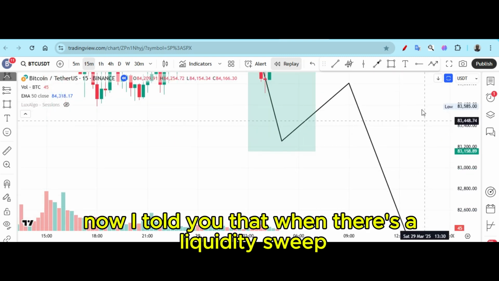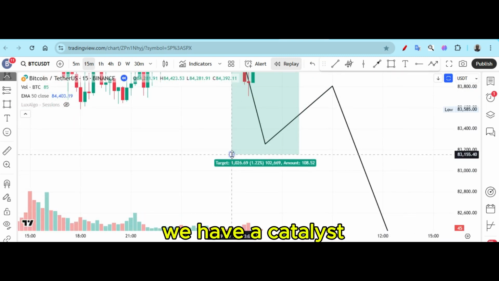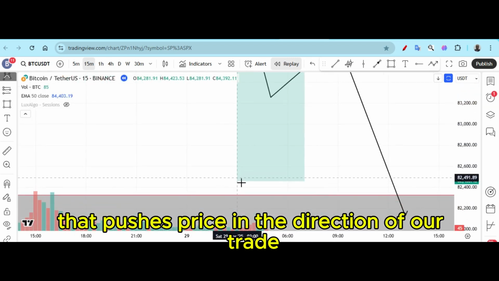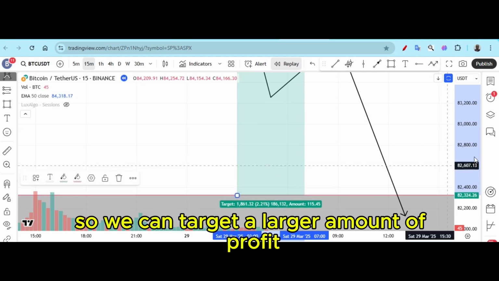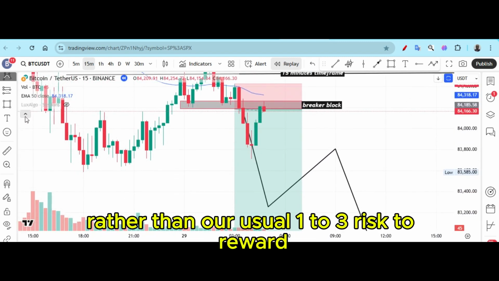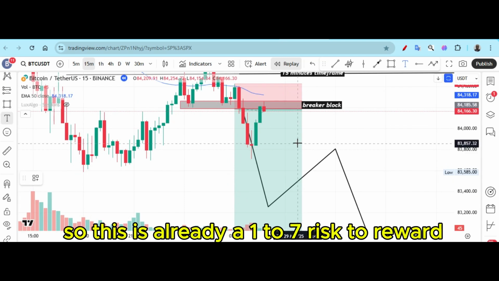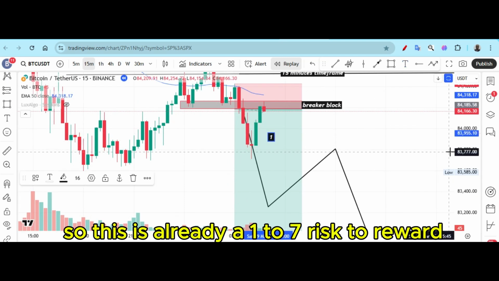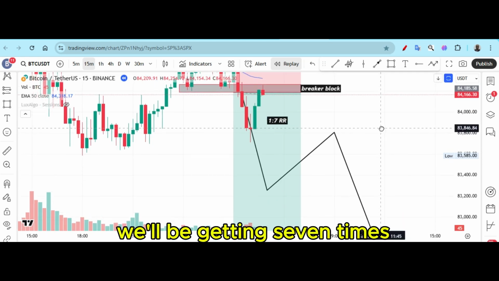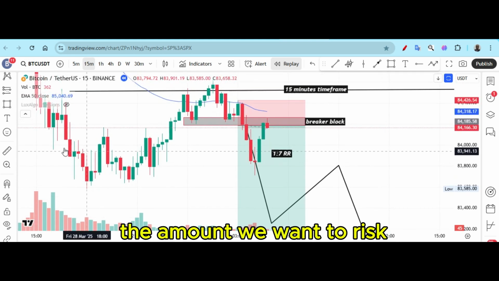Now, I told you that when there's a liquidity sweep, we have a catalyst that pushes price in the direction of our trade, so we can target a larger amount of profit rather than our usual 1 to 3 risk to reward. So this is already a 1 to 7 risk to reward. So if this trade goes in our direction, we'll be getting 7 times the amount we want to risk.